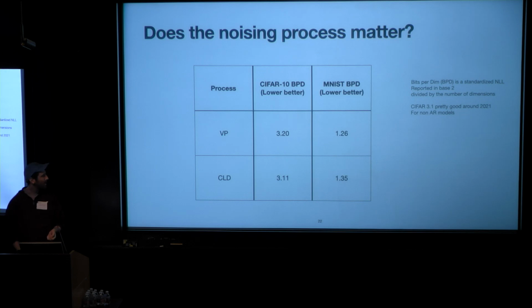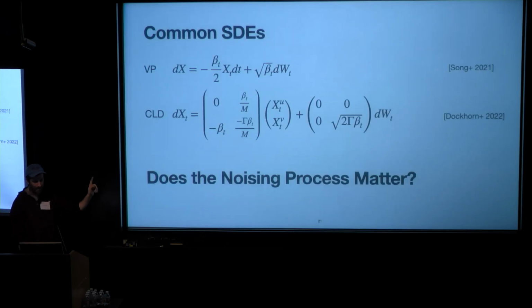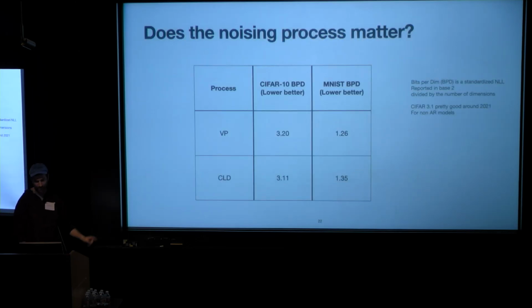And we see that we have these two noising processes, generative models built exactly the same way otherwise, meaning same architectures and learning rates and all that stuff. And we see essentially that one is better on one data set and one is better on the other. So CLD is better on CIFAR because lower is better. CLD being this critically damped Langevin dynamics in the second one.